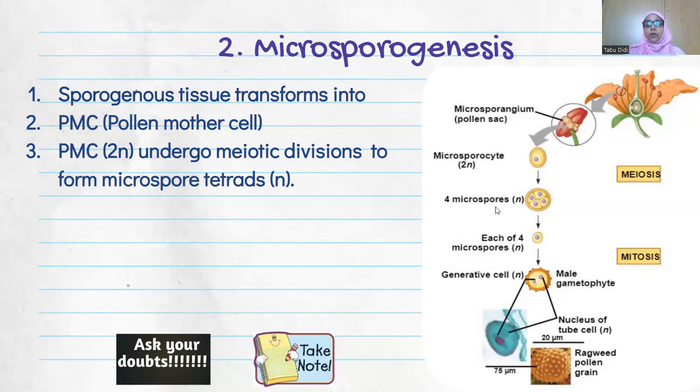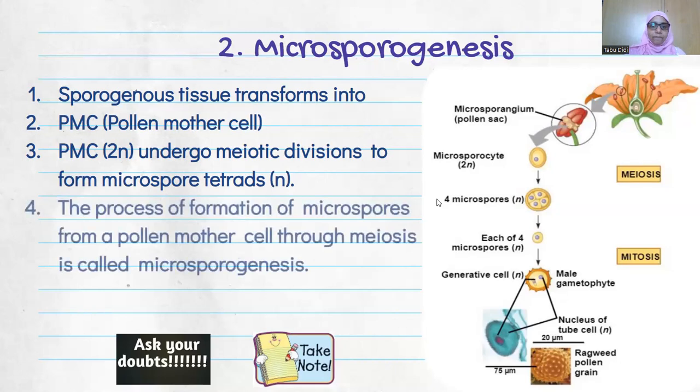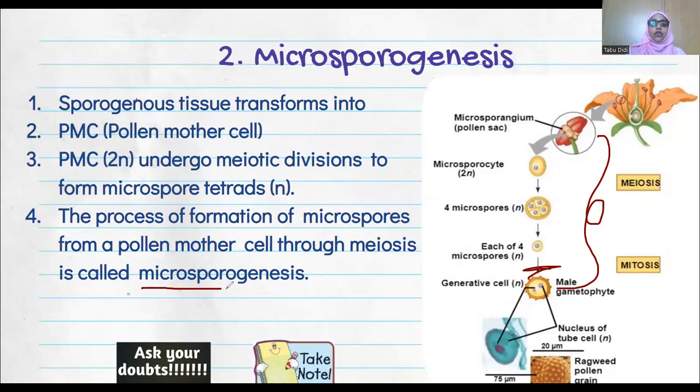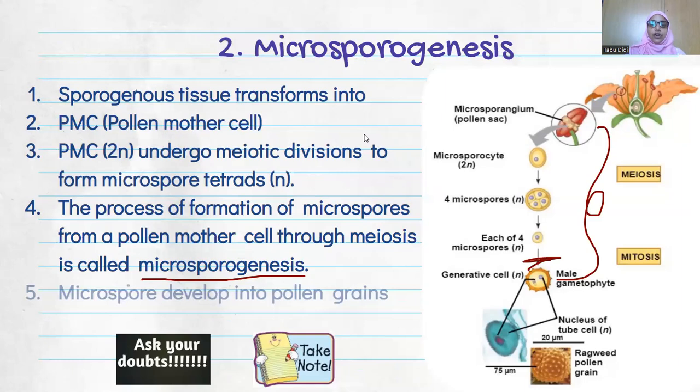What will be their chromosome condition? Half the number of chromosomes, that is N, haploid. This whole process is known as microsporogenesis. What is it known as? Microsporogenesis. And finally, these microspores will develop into the pollen grains. Clear?